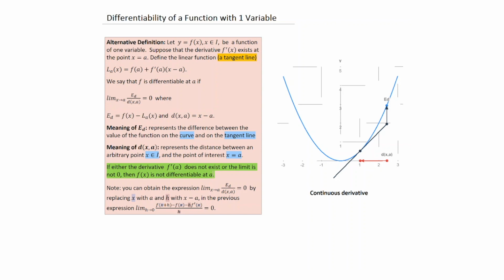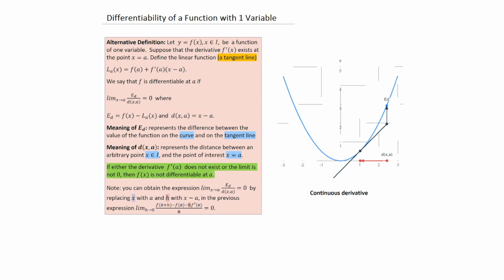And d(x,a) is the distance between the point of interest, x equals a, and an arbitrary point x. So E(x) represents the difference between the value of the function on the curve and on the tangent line. And d(x,a) is the distance between an arbitrary point x in the interval I and the point of interest x equals a.